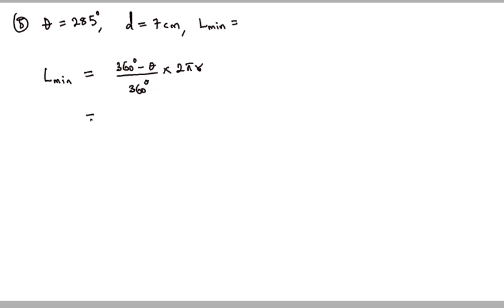So which is now equals to, I'll have 360 minus theta here, that is the angle of the major, is 285 all over 360 times 2 times pi. I'm not giving what to take pi as.